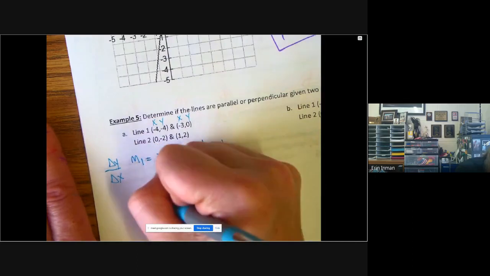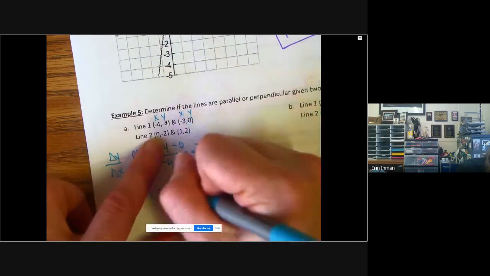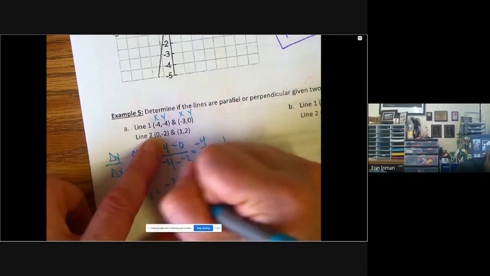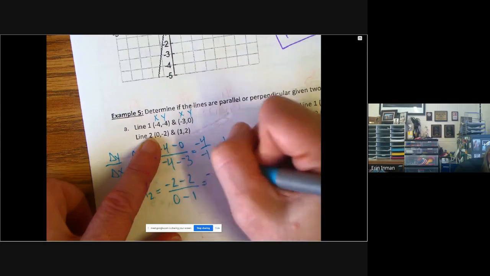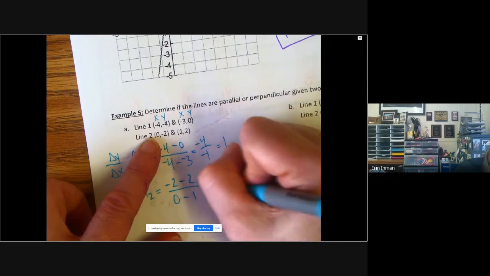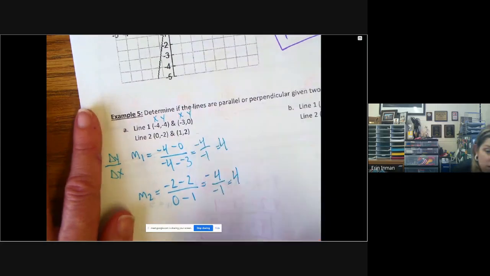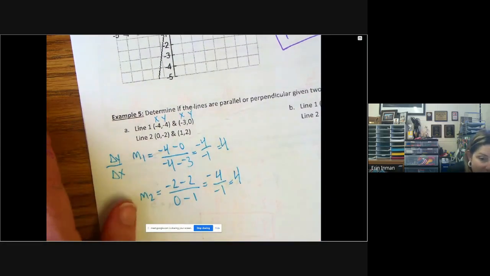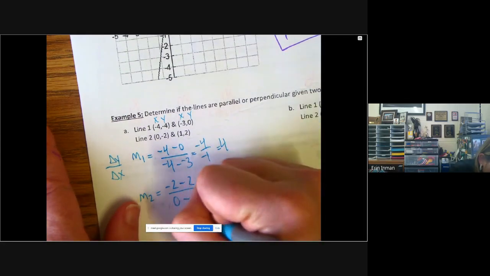For my second slope, if I did this same way, I'd get negative 2 minus 2 over 0 minus 1. And that's negative 4 over negative 1. So that is also 4. So we end up with our slopes of 4 for both of these. So these are parallel lines.